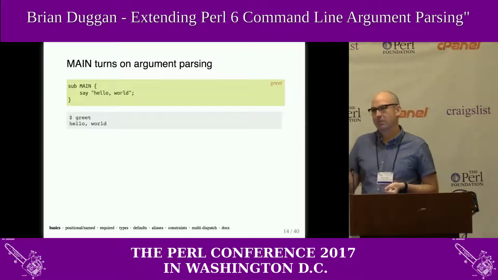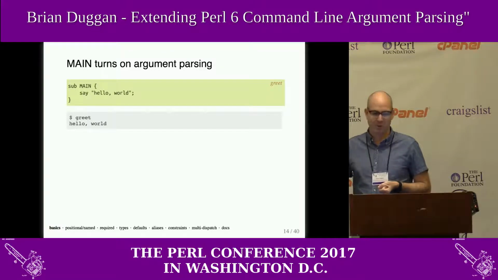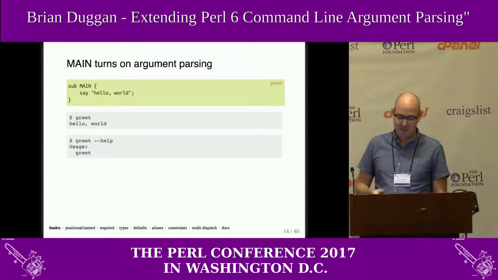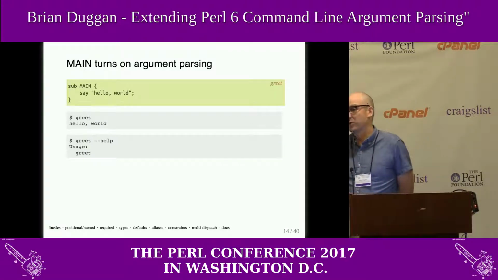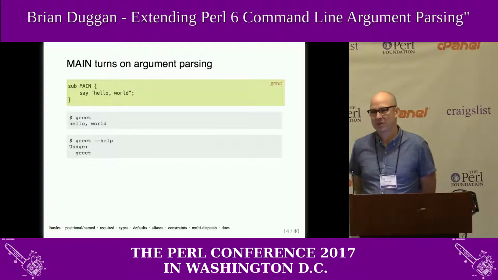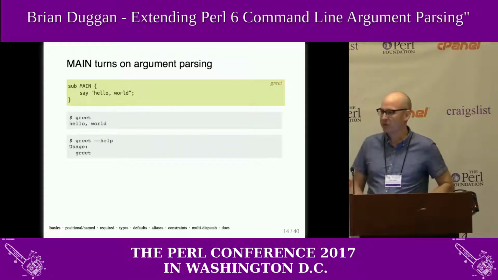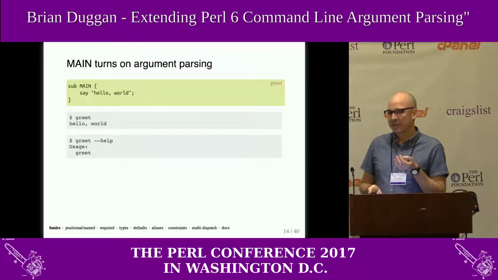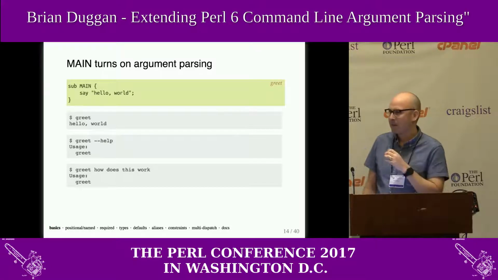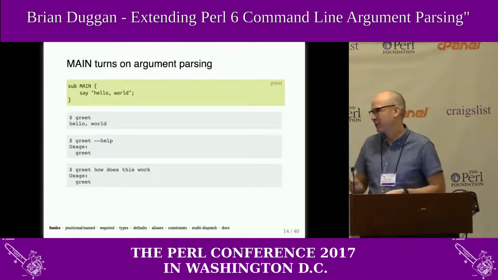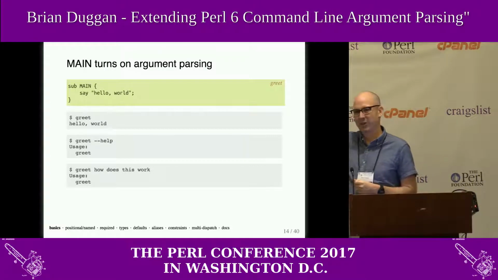So now if we have a program called greet and we run it, and then we add an argument like --help, which does not match the arguments that go into main, we get a usage message. So in fact, you get this usage message no matter what arguments you give it if they don't match what's in main.